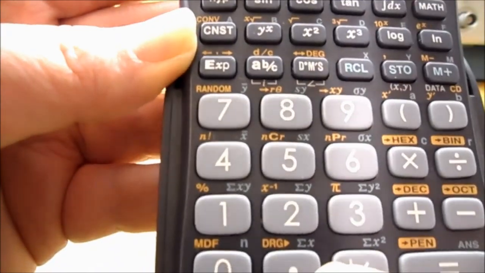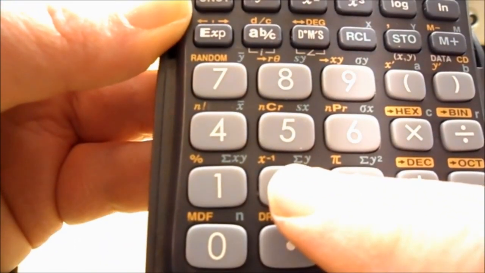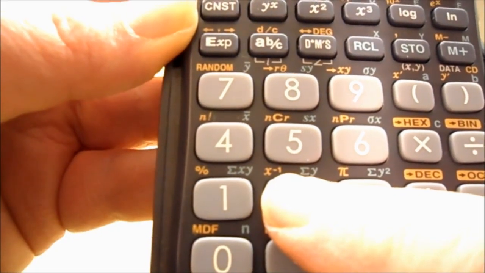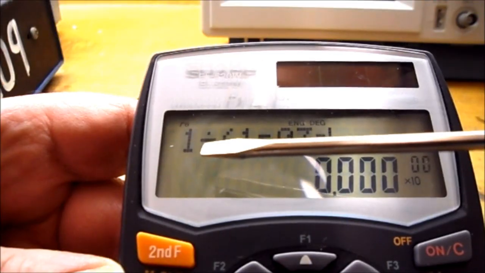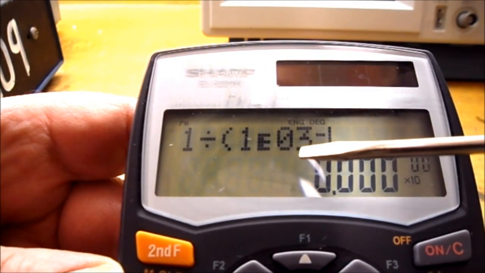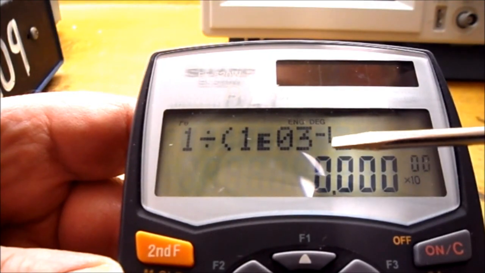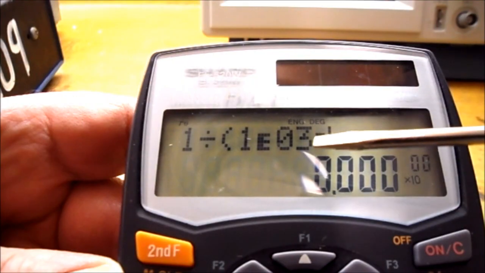And if you look just above my 2 key, you can see x to the minus 1. So second function 2. Looking at that on my calculator, you can see it's 1 divided by bracket 1e exponent 3, which is 1k to the power of minus 1. That's the 1 over.